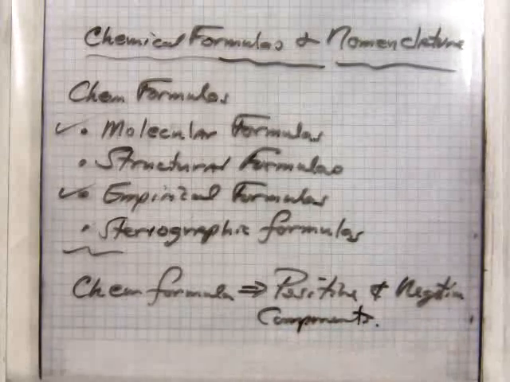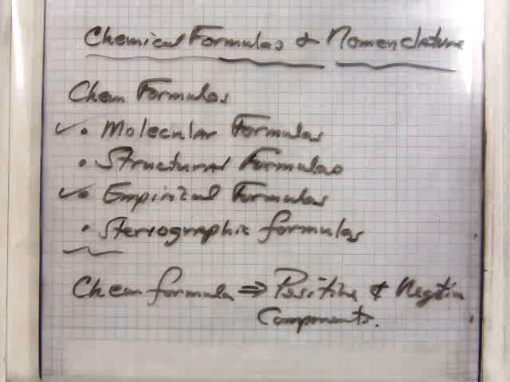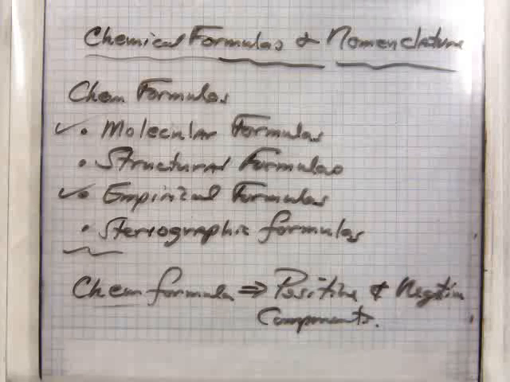Now, the reason I don't use elements is because some of the components are polyions, and we want to keep that in mind, that the negative component of some compound is really a molecule that's floating around with a charge on it. We'll emphasize that. So, in writing any chemical formula, you have to take into account the positive and negative structure. Now, these are called oxidation states, or charges on the elements.